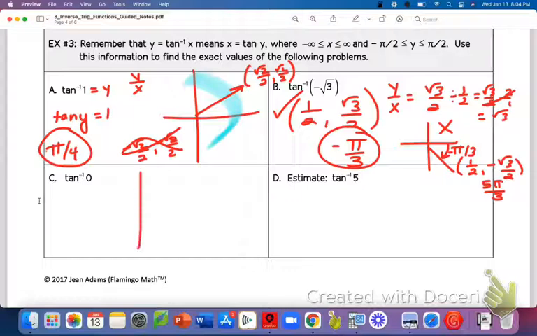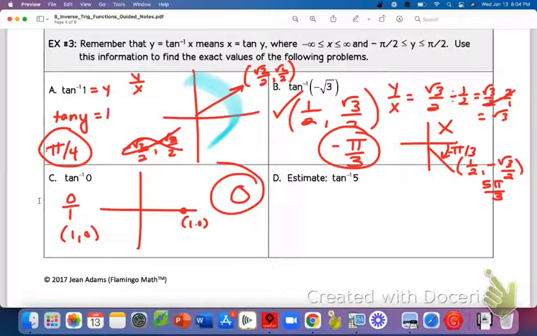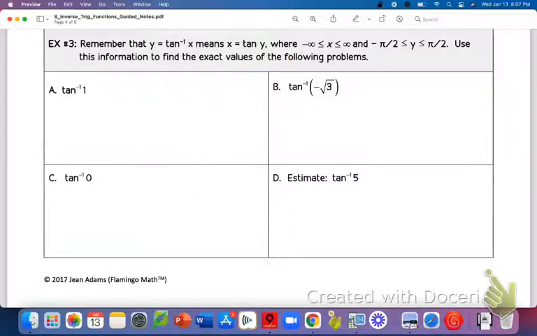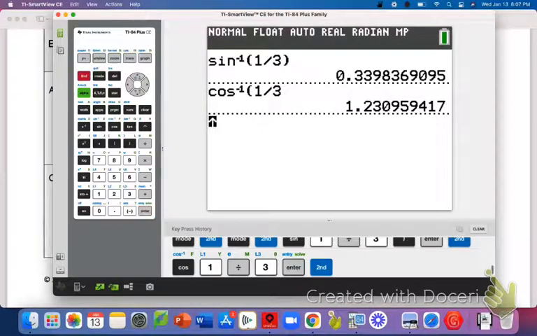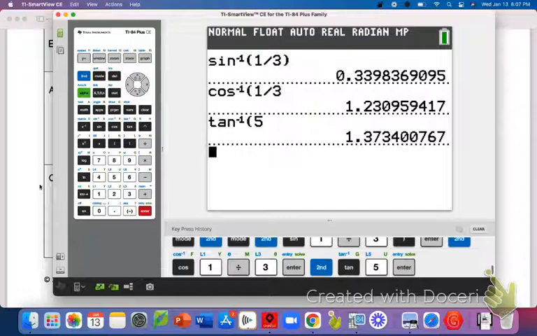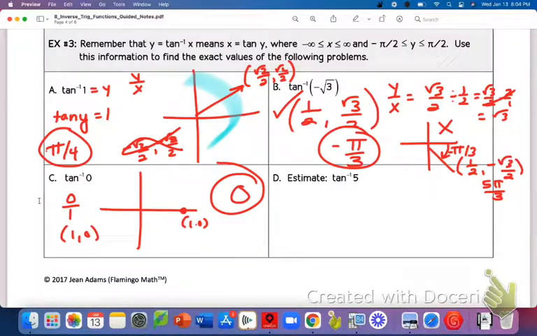When is tangent 0? That means it would have to be 0 over 1, which would be the point 1 comma 0, which is 0, right? And then estimating tan inverse of 5, tan inverse of 5 is about 1.37. Again, I hope you're pausing this at any point in time to get your thoughts going.